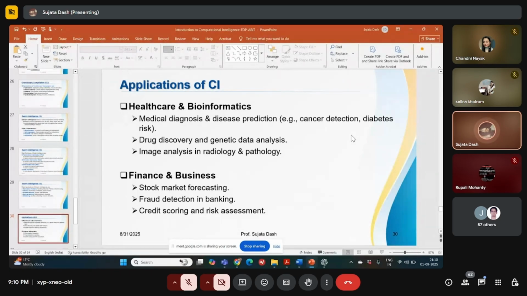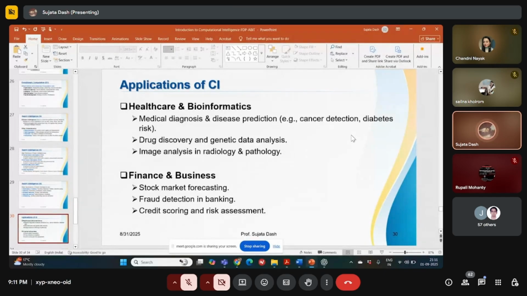The third one is image analysis in radiology and pathology. Radiology scans like X-ray, MRI, CT scans, and pathology slides have huge image data sets. So computational intelligence powered image analysis identifies patterns and abnormalities in these scan reports or images. For example, detecting tumors in MRI scans, identifying lung infections from X-rays, or analyzing blood samples for anomalies.